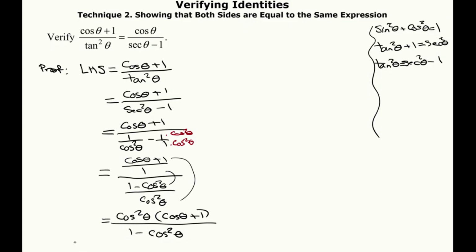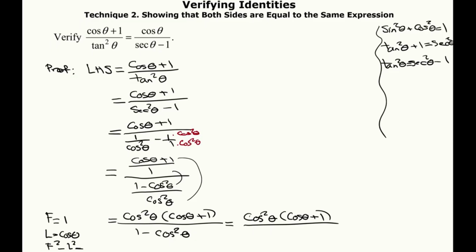So if we go ahead and factor that, we end up with cosine squared theta times cosine theta plus 1 over, notice that f is 1, L is cosine theta, and we're using the f squared minus L squared equals f plus L times f minus L factoring formula.